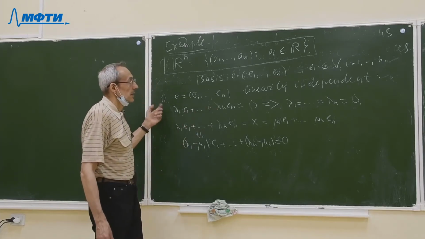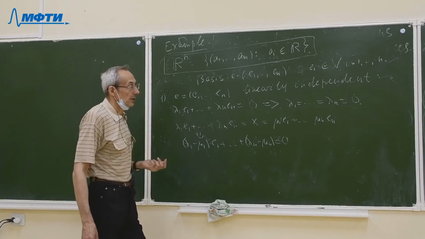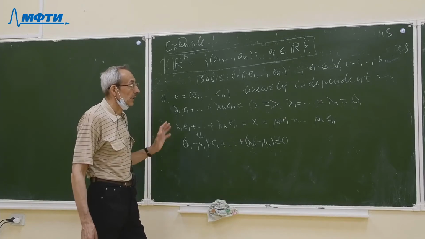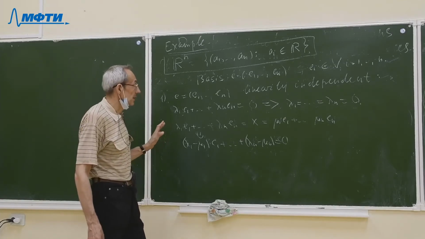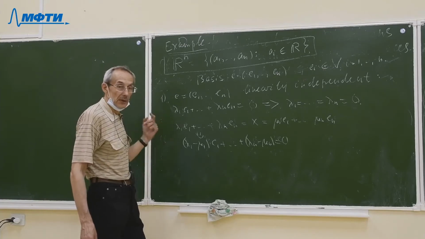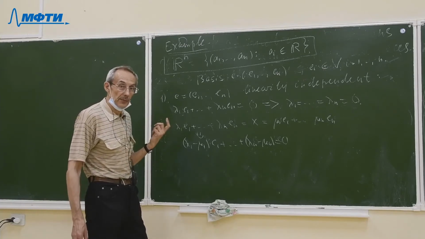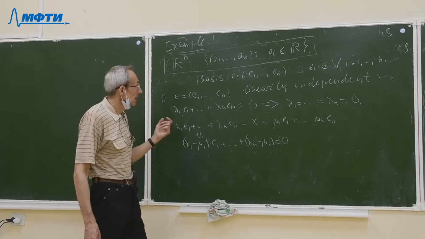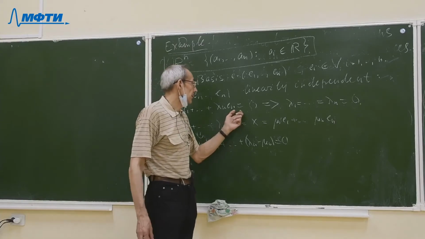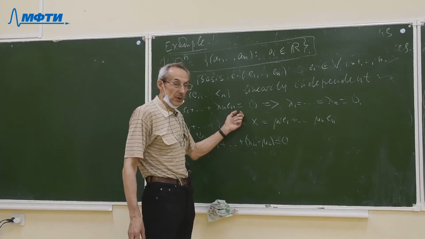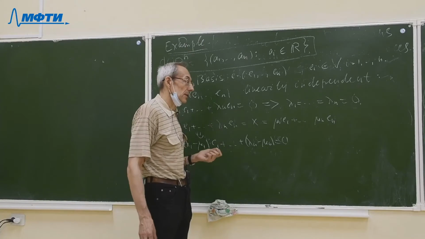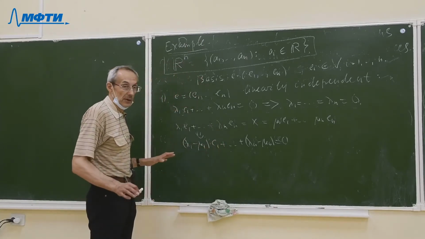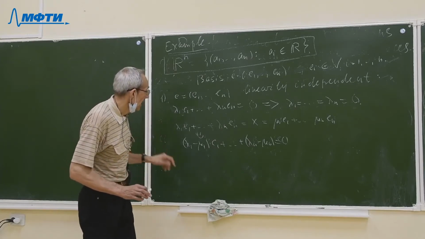Linear independence is equivalent to the fact that if some vector can be presented as a linear combination, this presentation is unique. These two facts are equivalent. Uniqueness of the decomposition of the 0 vector and uniqueness of the decomposition of any vector are equivalent.